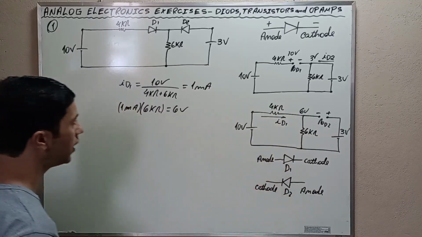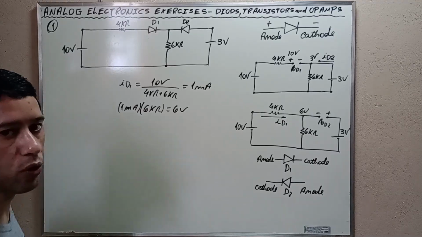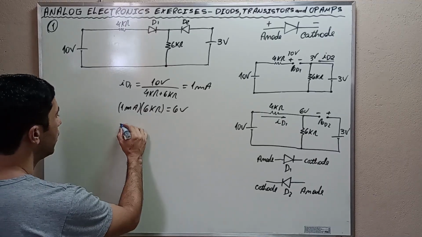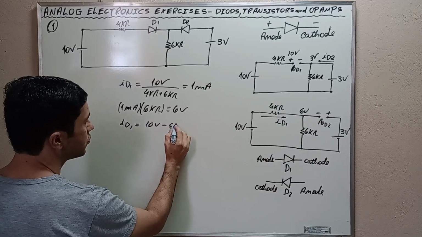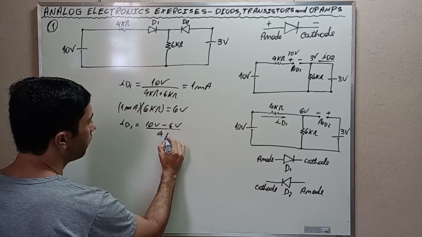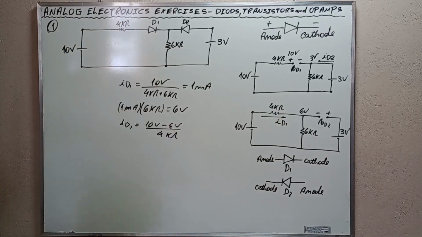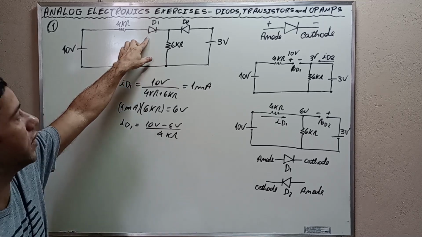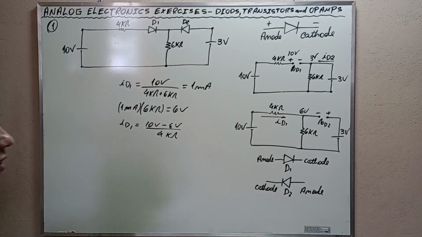ID1 can be calculated in another way as well: ID1 is equal to 10 volts minus 6 volts divided by 4 kilo ohms. Okay? Then our assumption that D1 is on holds true. It is consistent with the observation of the circuit.